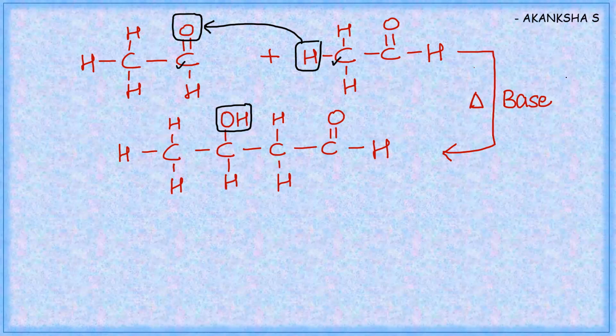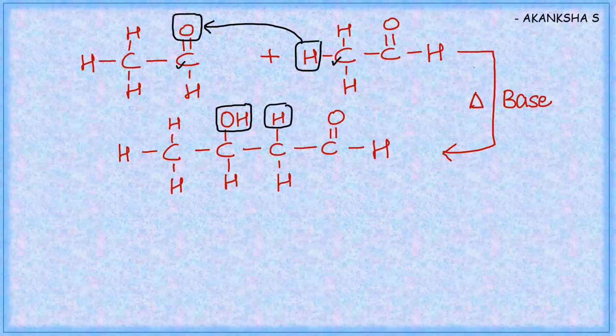You can have sodium hydroxide, potassium hydroxide, barium hydroxide, any base of your choice. In aldol and cross aldol, the specific type of base is not that important. You can use any base for that matter. Now see over here, OH is over here and we have a neighboring hydrogen.